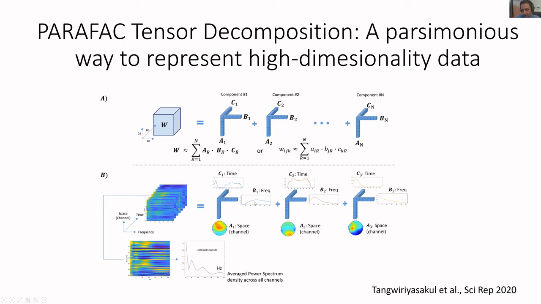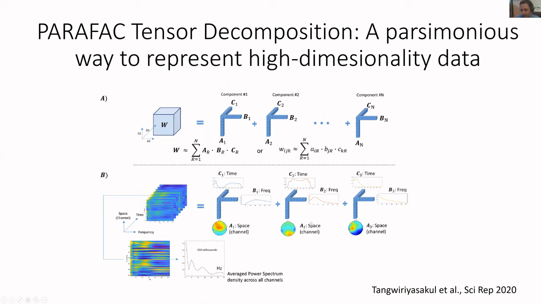And the idea is that by means of a limited number of components, this 3D space can be decomposed in some, in this case, tensor components. Each of them has a spatial dimension, which is the channel topography, a frequency spectrum, and a time course of its own.